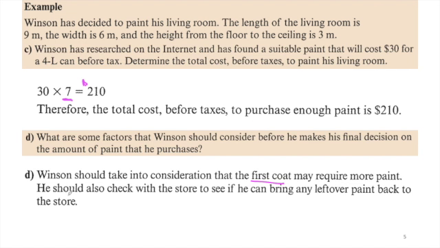So if he ends up buying an extra can, well, he might have a full extra one, which paint is not the cheapest. $30 is actually quite cheap there, but then he can take it back if he needs to.